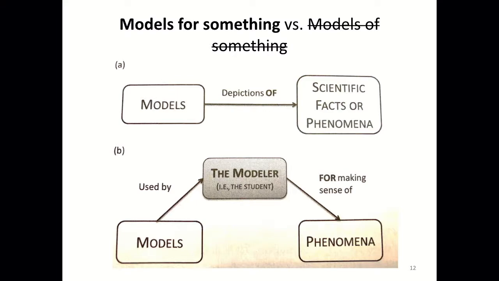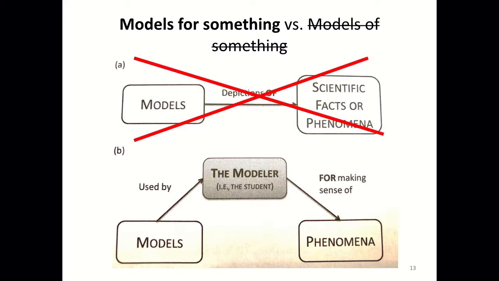Models are used by the modeler, that is the person interacting and developing the model, to make sense of particular phenomena, to expand our understanding. So in other words, models are for something. They're not just of something. Now let's watch a short video to re-emphasize this very important point.